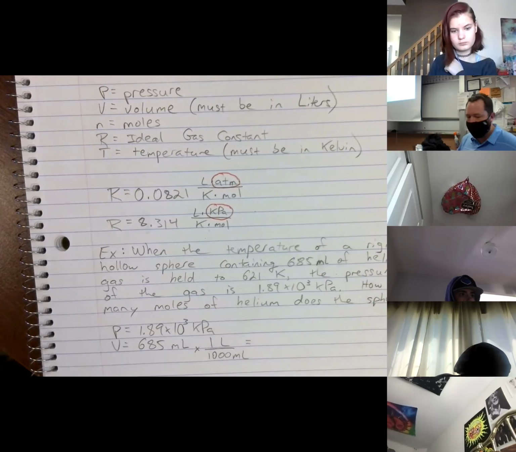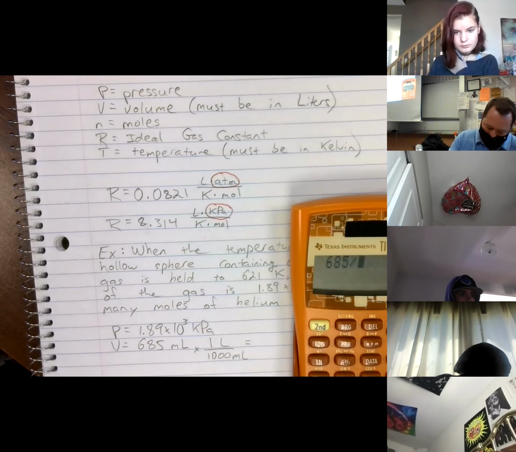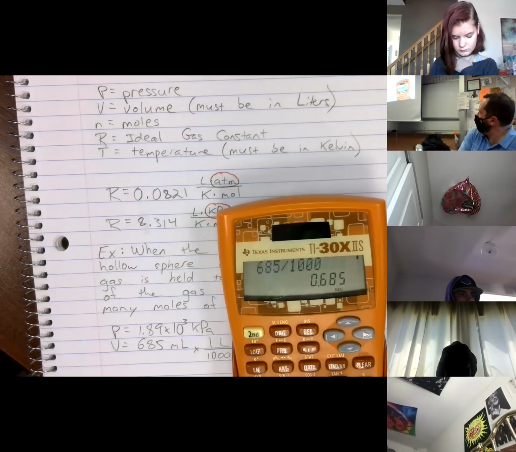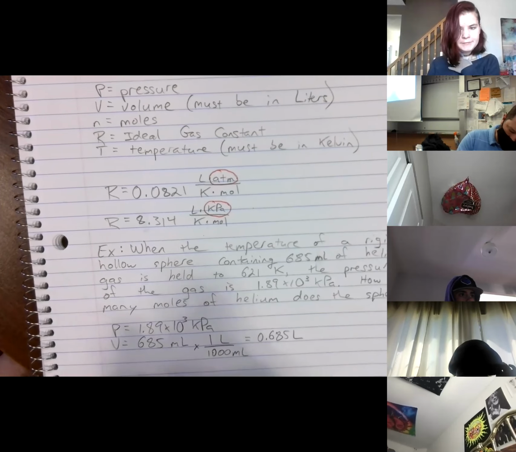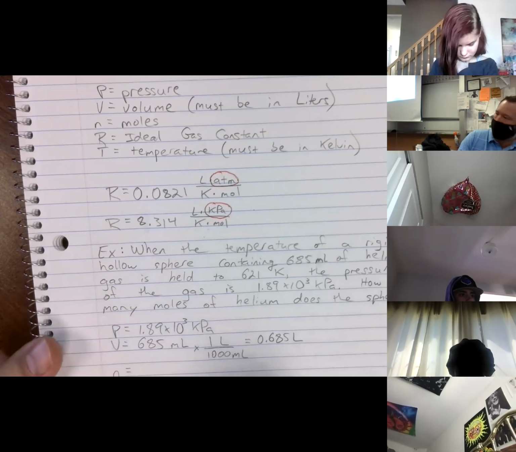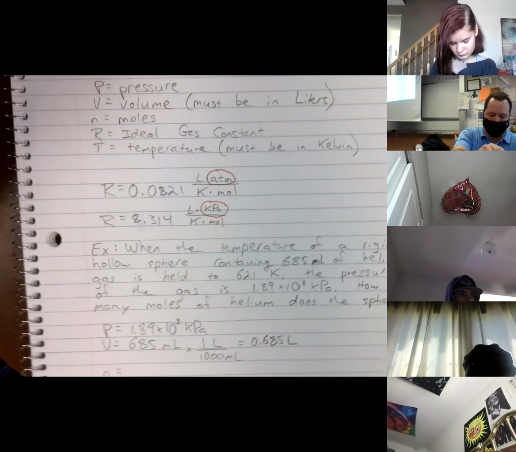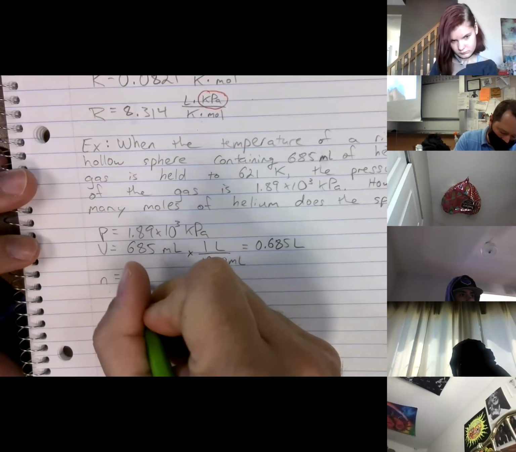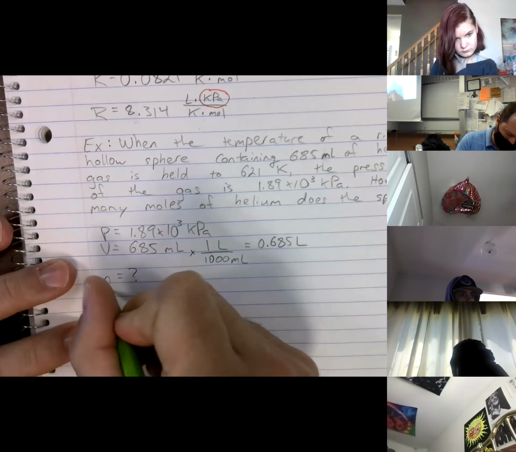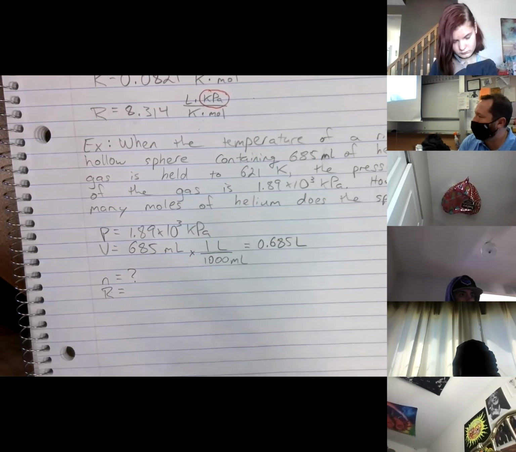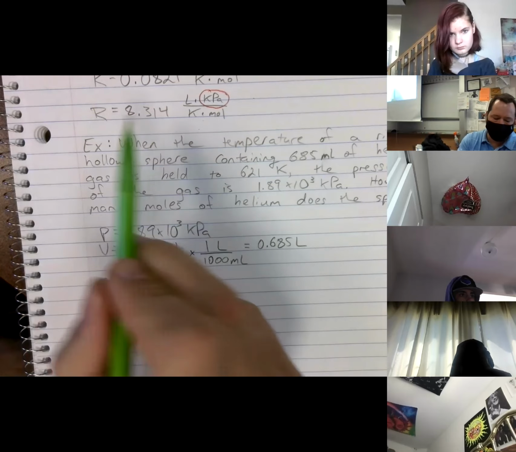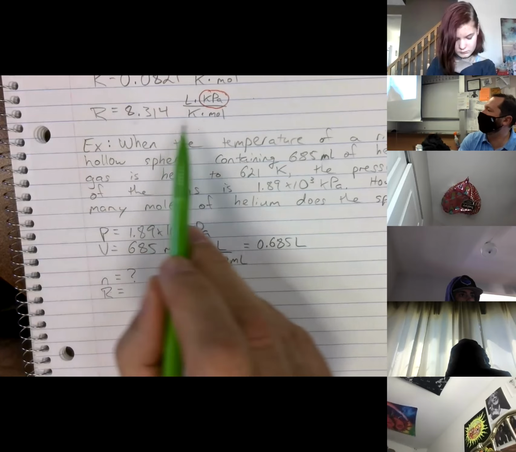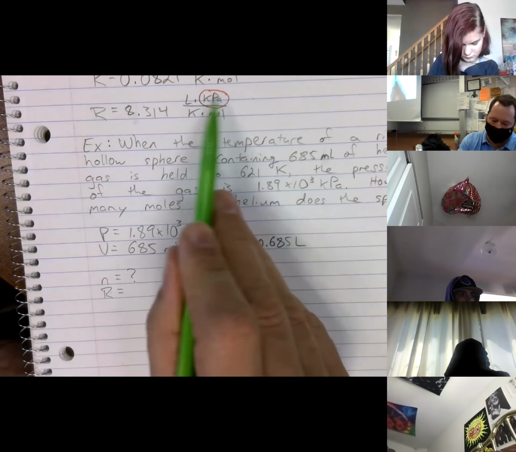Thousand milliliters in a liter. 685 divided by 1,000, 0.685. Our n value, and that's our number of moles. That's what we're looking for. Our R value, we have to choose the right one. So what's our unit of pressure? Kilopascals. So we have to use the 8.314 because that's the one that works with kilopascals.